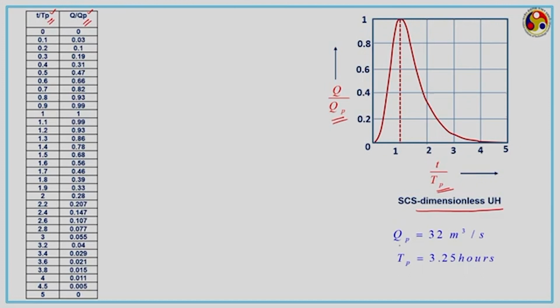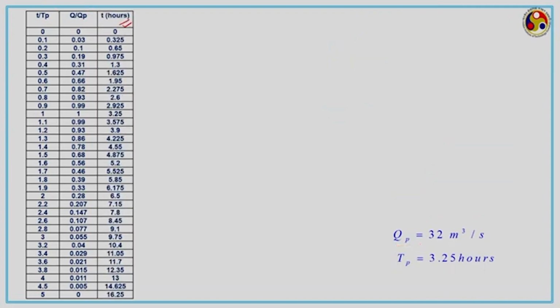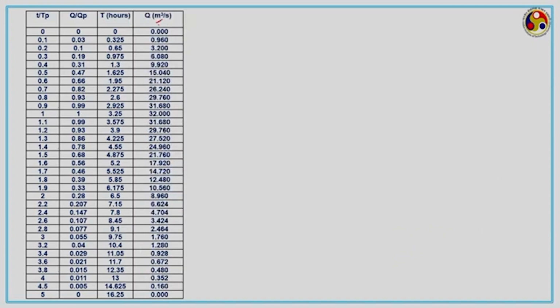We have the values corresponding to QP and TP from the triangular unit hydrograph. Once we multiply QP and TP with the values given in these columns, we can get the time in hours and the discharge Q in meter cube per second. So, by making use of the dimensionless synthetic unit hydrograph ordinates, we have found the ordinates corresponding to the synthetic unit hydrograph for the ungauged catchment, which we need to derive with the data given in the question.